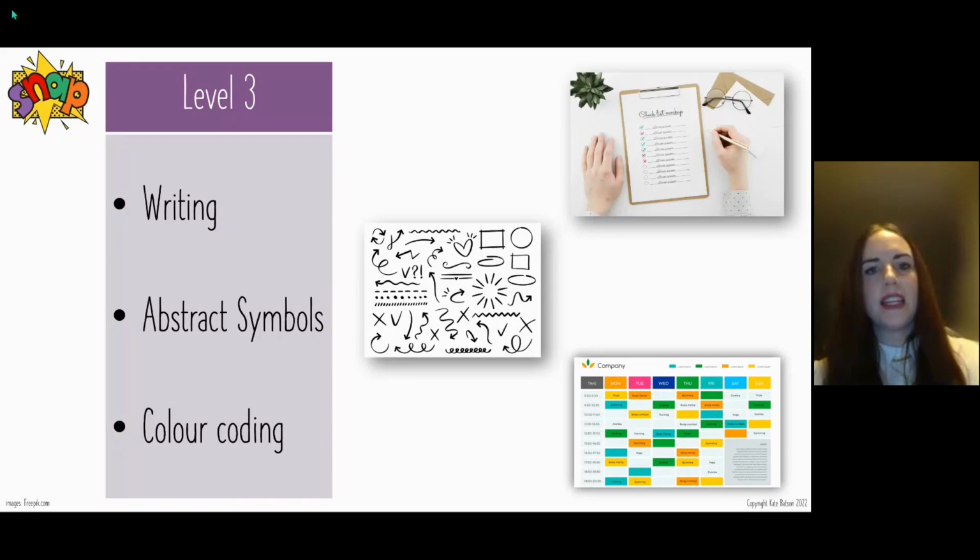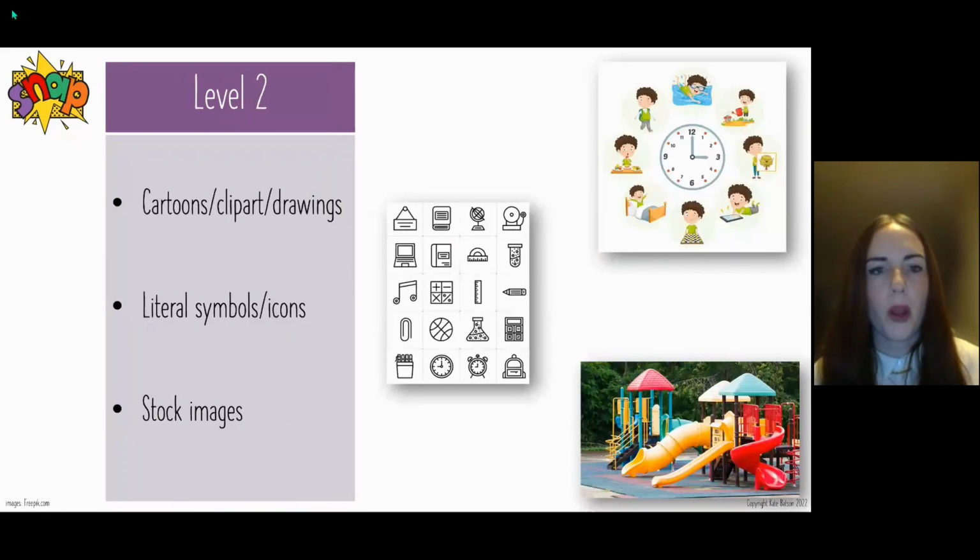So scaling it down to level 2, this is often where most of the visuals that you'll find online are. If you go onto a search engine and pop in daily timetable or routine visuals, you're most likely to find things like these.